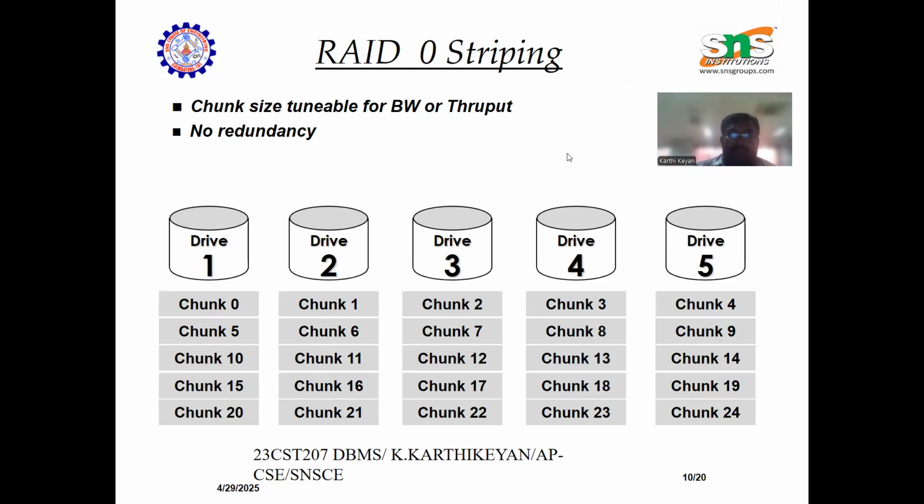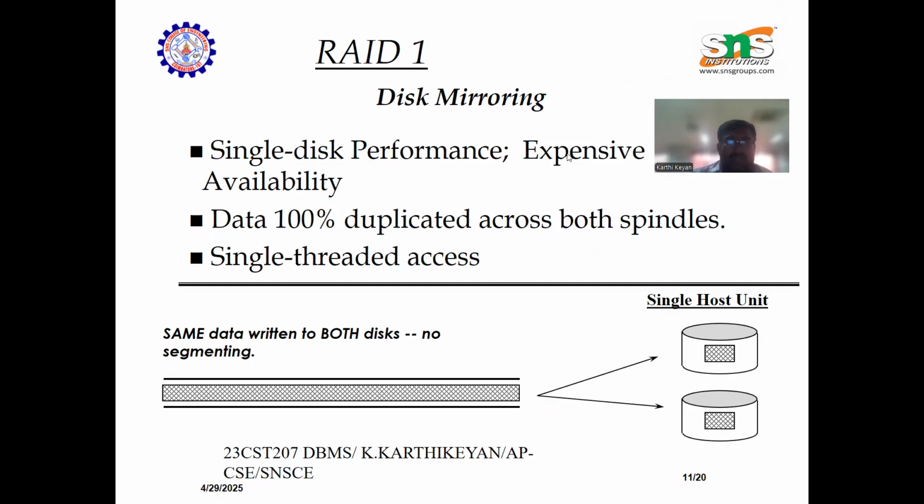This is RAID level 1, disk mirroring. It has single disk performance, is expensive, with high availability, and data is 100% duplicated across both spindles, with single thread access. So a single host unit can be mirrored.